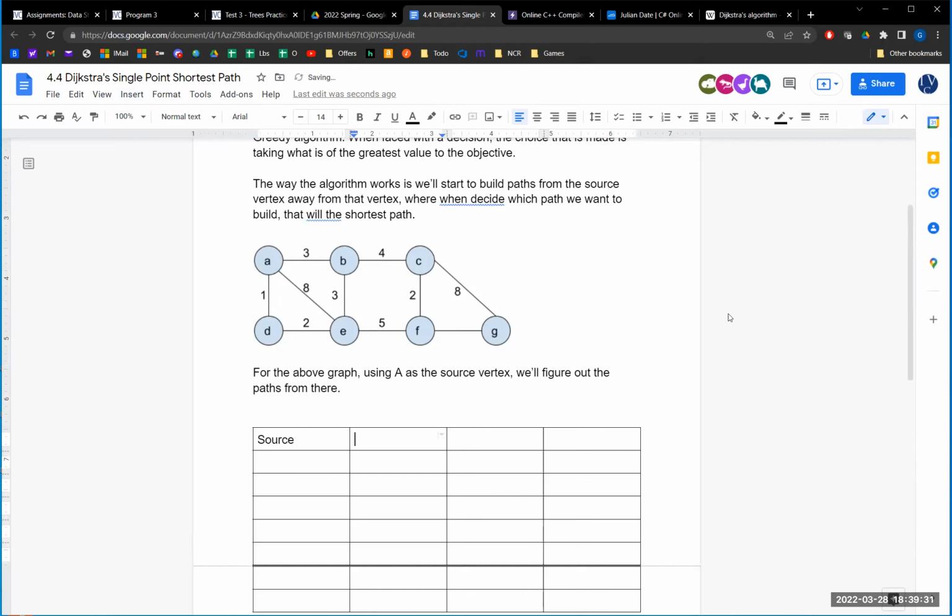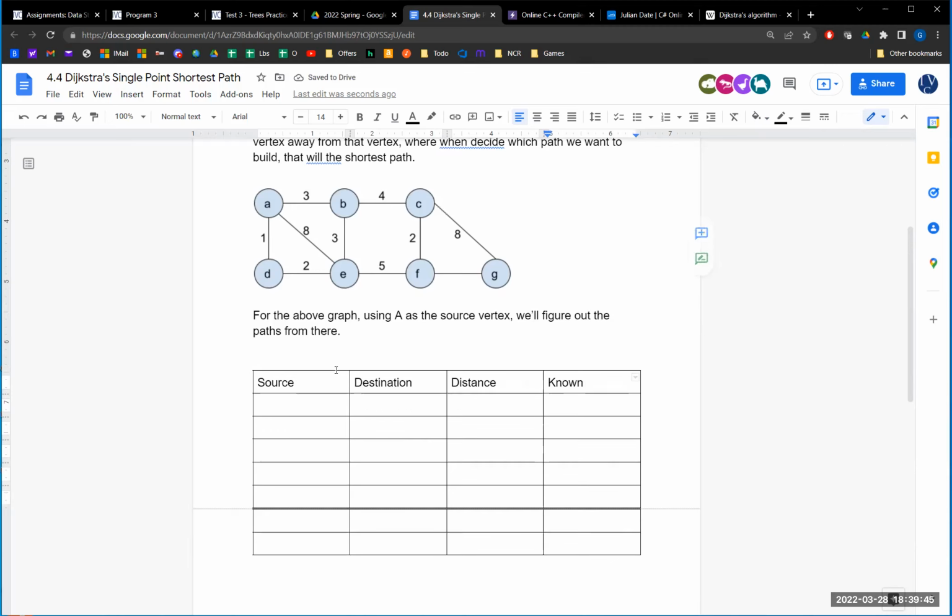We have our source vertex, destination vertex, distance to get to that destination, and if it's known to be the shortest path or not yet. Just toss in our various vertices in alphabetical order, because alphabetical is generally preferred.